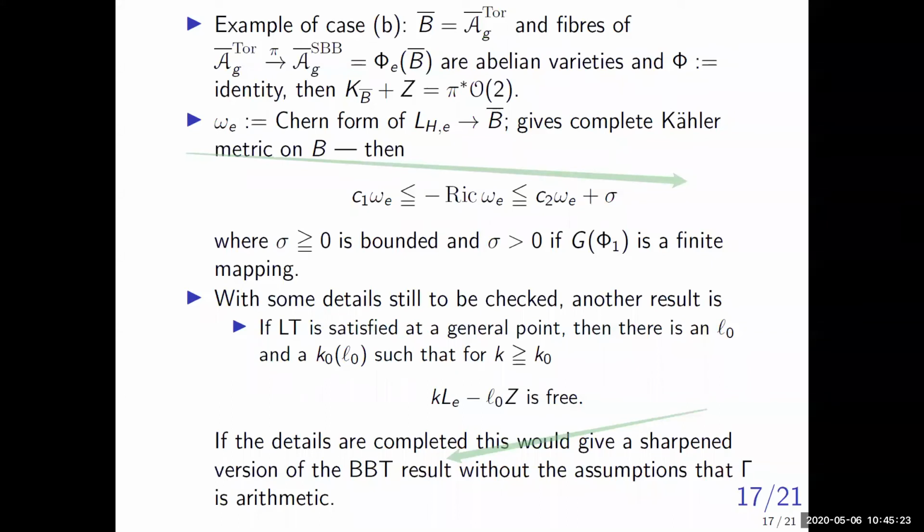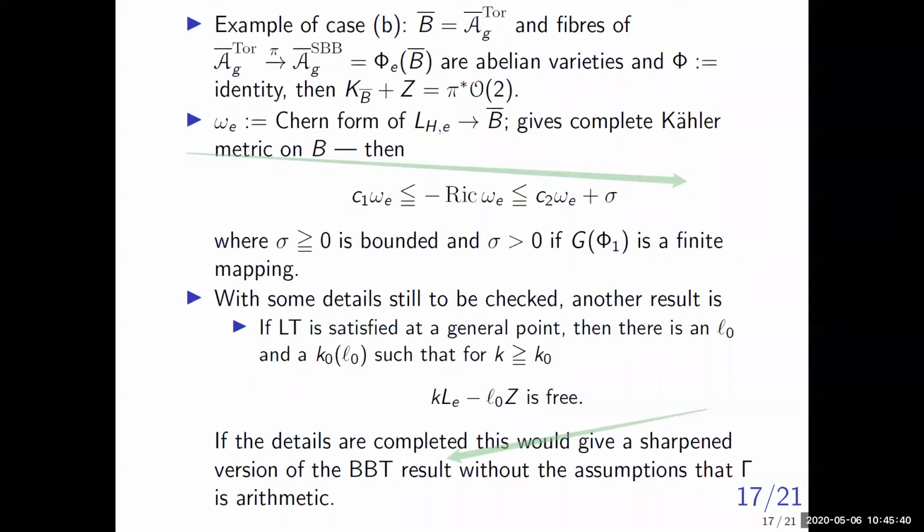That is bounded both from below by the Chern form of the Hodge line bundle and from above by the Chern form of the Hodge line bundle plus a term sigma.